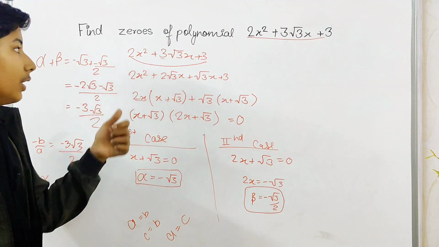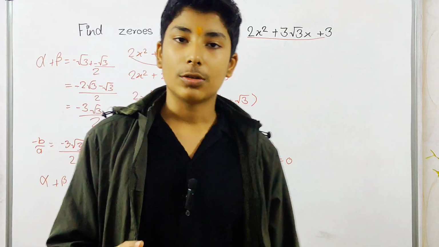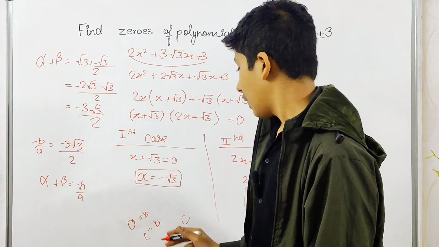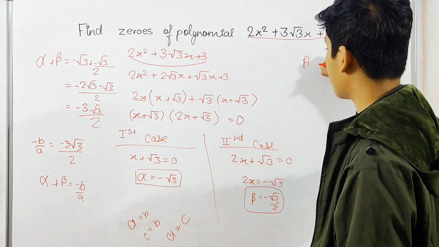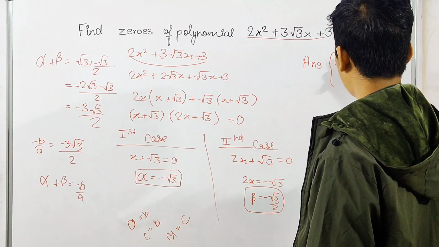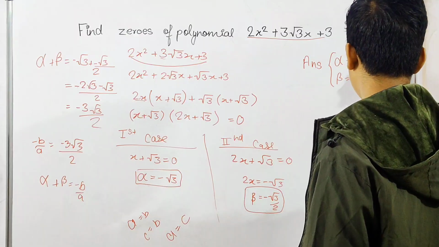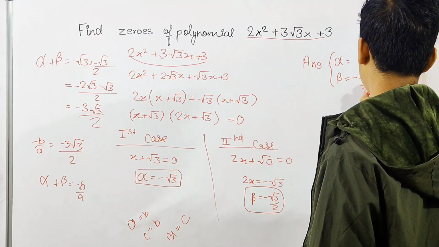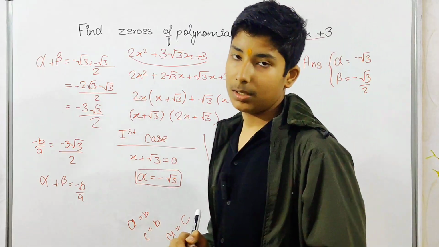And similarly, you can prove alpha beta equals c upon a also. This was the proof, but our question was over till here only. And at last you will have to write this also. Answer: alpha equals minus root 3 upon 2 and beta equals minus root 3. This is the presentation mark.